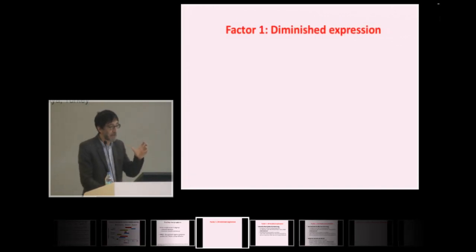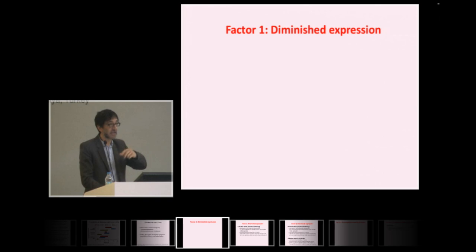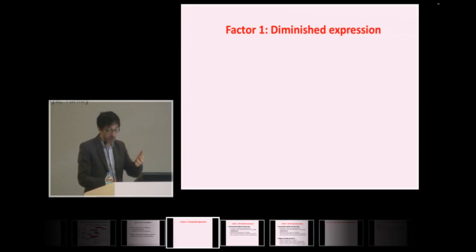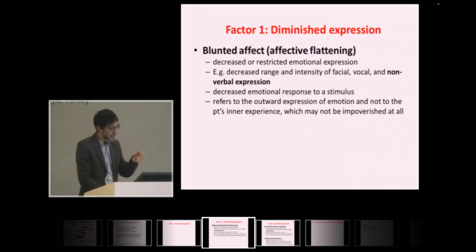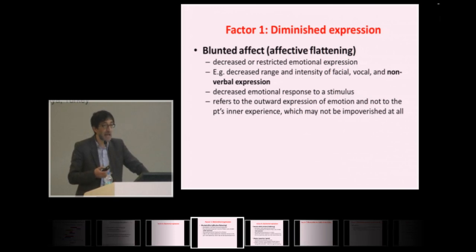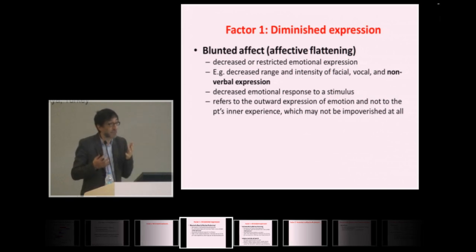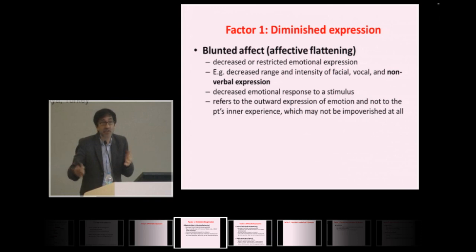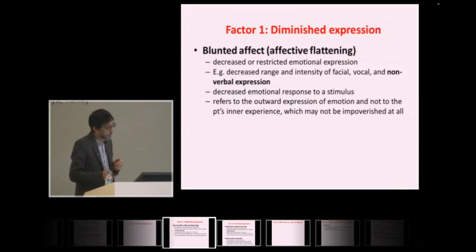One factor of negative symptoms is diminished expression. This is something you'll recognise when you talk to your patients. They have blunted affect, a decreased emotional response to stimuli. They get less excited. You'll see a flat expression, a lack of gesticulation, and their voice will be monotonous in tone.